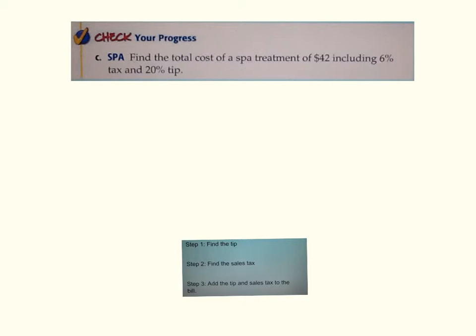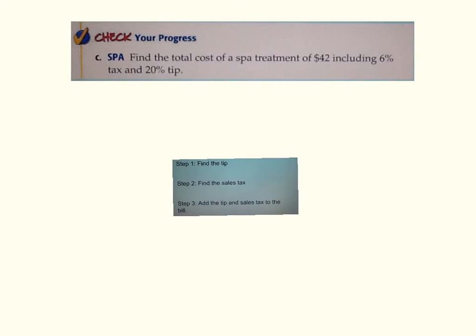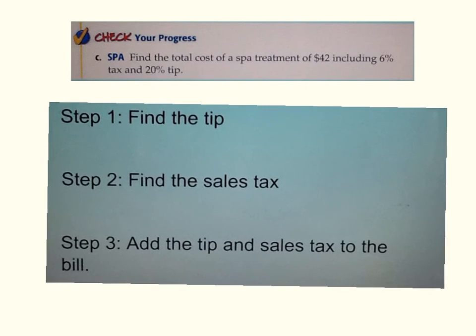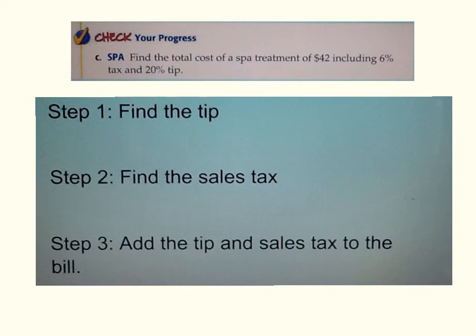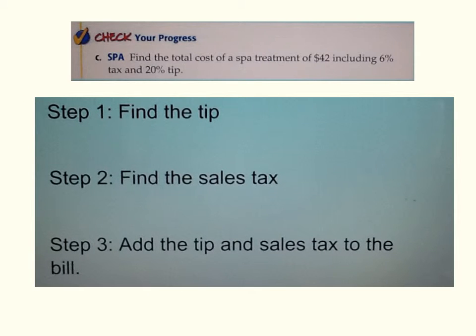Our last example is a situation where we have tax and we have tip. So let's see how we work those out. Let's get our steps out here. So just like we did earlier, the first thing we're going to do is find our tip.